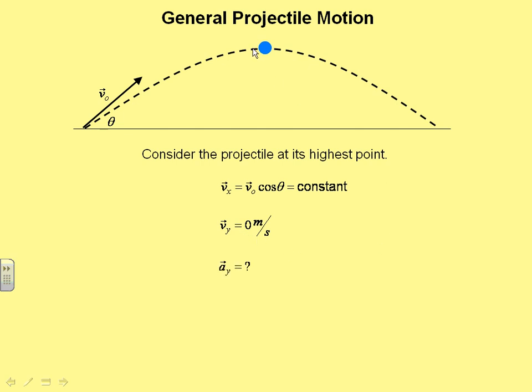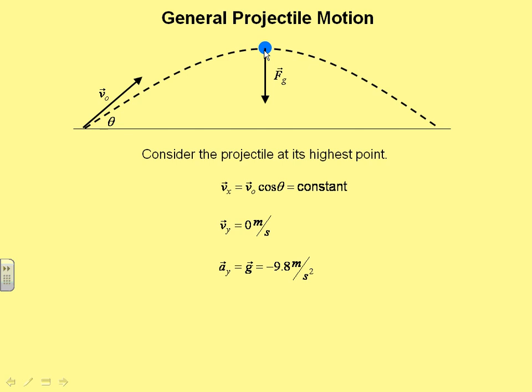What then is the vertical acceleration? Well, let's draw a quick force diagram. If this is projectile motion, then the only force acting is gravity. And since gravity is acting downward, it gives rise, as we've seen theoretically and experimentally, to an acceleration we're calling little g, which is negative 9.8 meters per second squared. So it's still accelerating at this highest point.